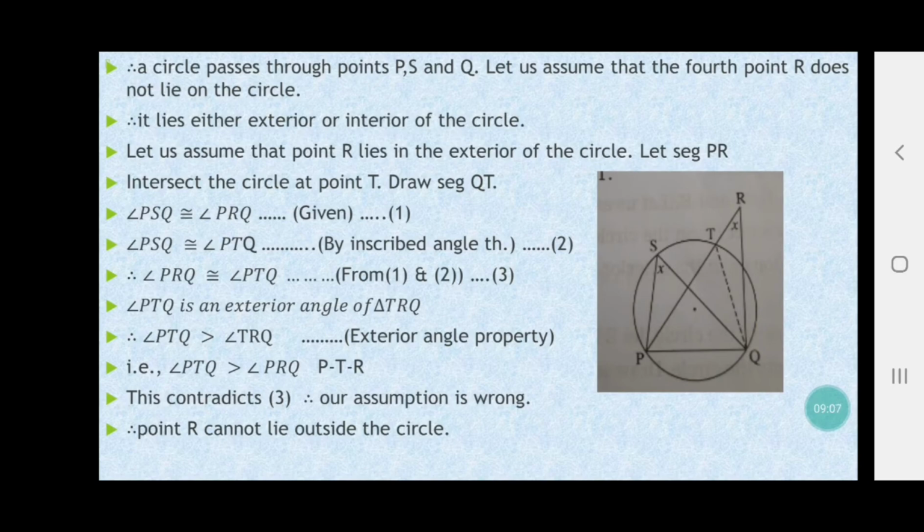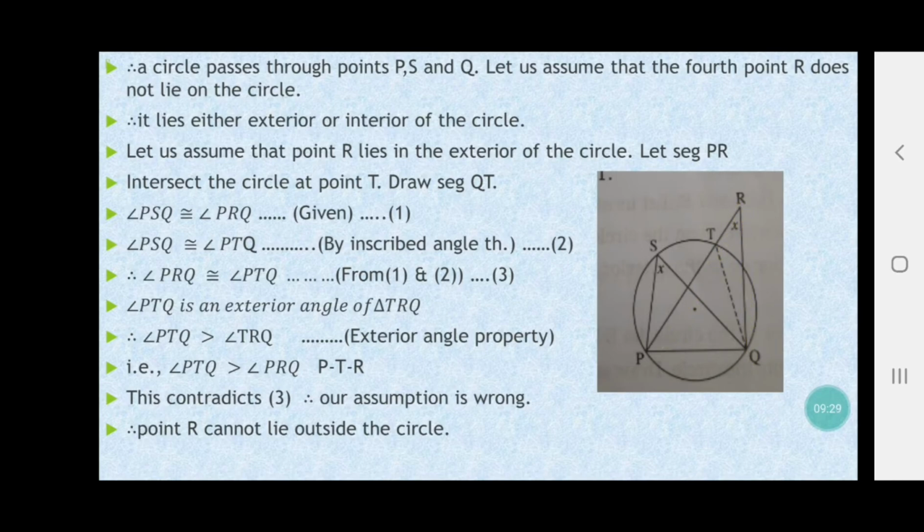As it is exterior of the circle, there is a point T on the circle, due to which the quadrilateral so formed is a cyclic quadrilateral. Now what is given to us? Given part is angle PSQ and angle PRQ are congruent.